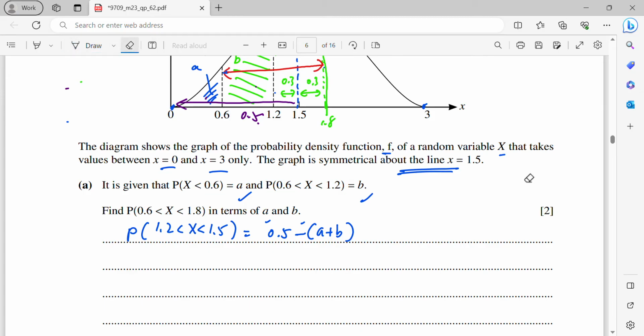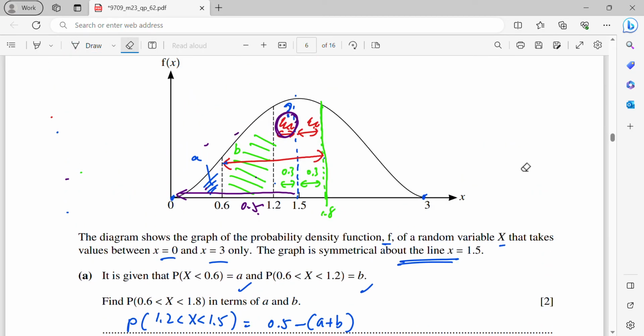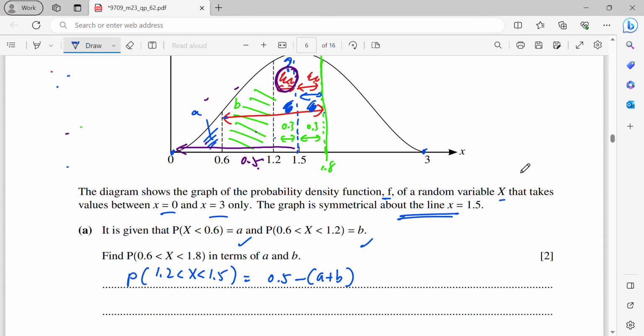That is the probability of x between 1.2 and 1.5. And it is the same as 1.5 to 1.8, so this is the same as P(1.5 to 1.8).